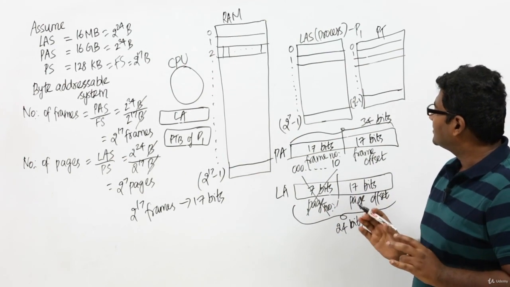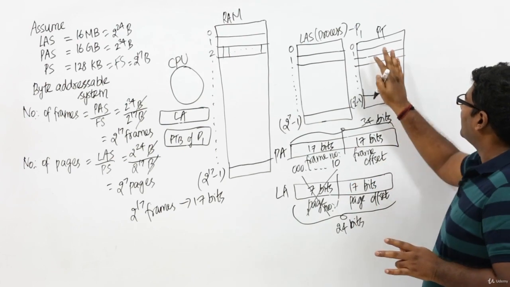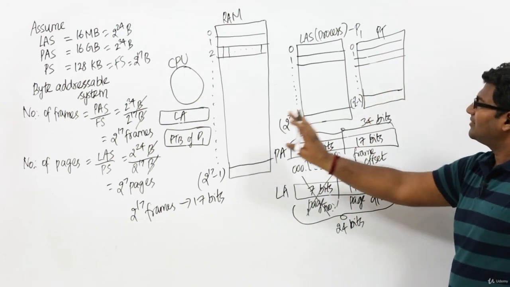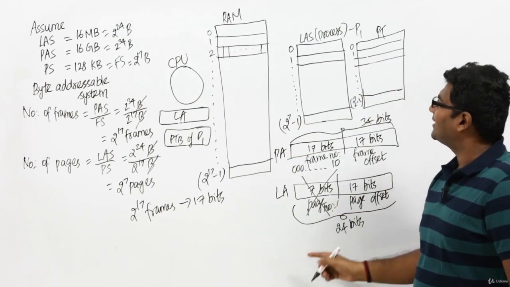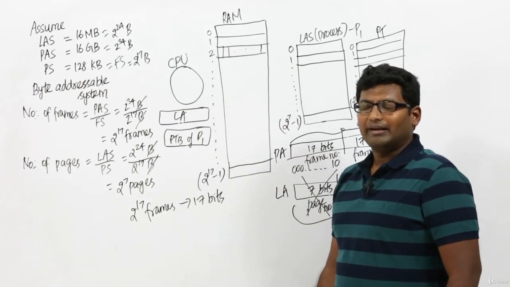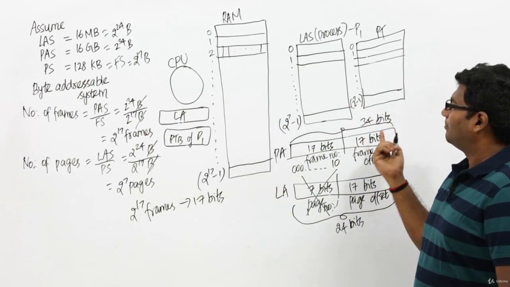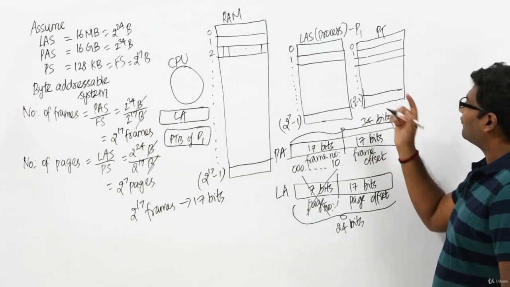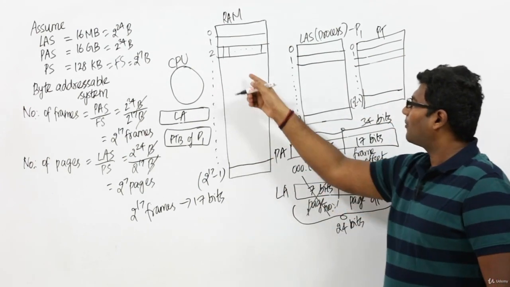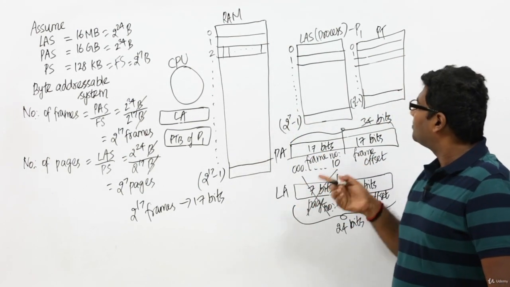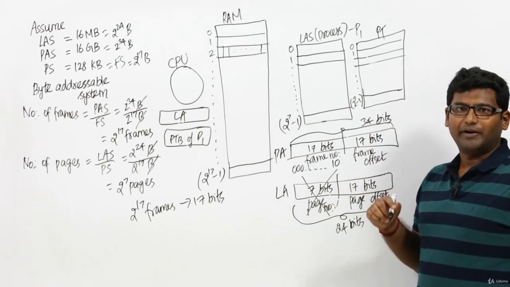See, this page table is helping the CPU reach the exact byte, right? Because of this page table, we are able to find out the frame number and we are able to reach the process. And so we call this page table the memory management unit.